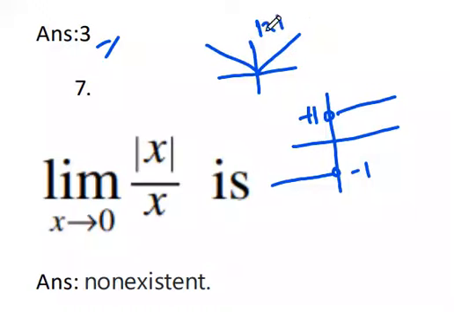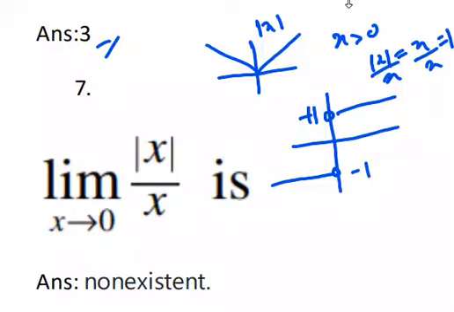So modulus of x divided by x: when x is positive, modulus of x is equal to x, so this becomes 1.